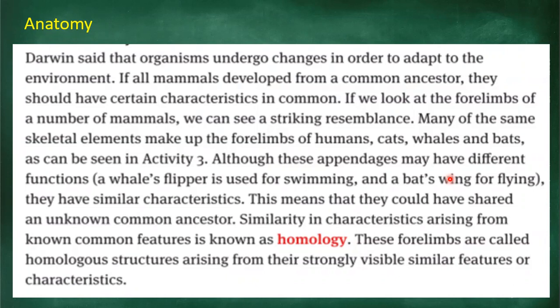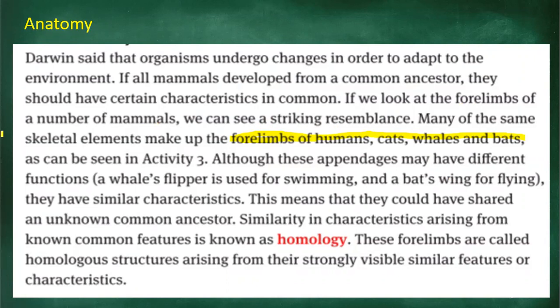Many of the same skeletal elements make up the forelimbs of humans, cats, whales and bats, as can be seen in Activity 3, which I'll show you. You can see the anatomy of the human, cats, whales and bats, especially in those forelimbs. Although these appendages may have different functions, when you look at the structure they are similar.